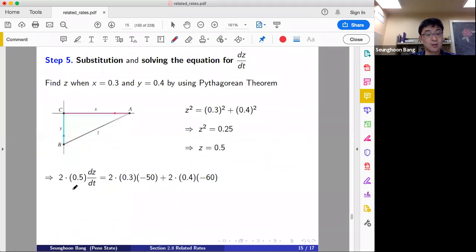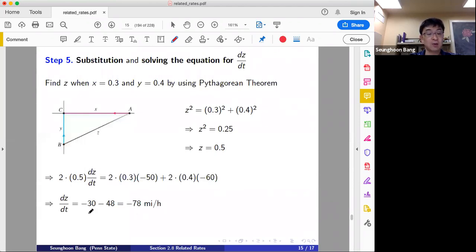2 times 0.5 dg of dt equals 2 times 0.3 times negative 50, plus 2 times 0.4 times negative 60. 2 times 0.5 is 1. 2 times 0.3 is 0.6, and 0.6 times negative 50 is negative 30. 2 times 0.4 is 0.8, and 0.8 times negative 60 is negative 48.